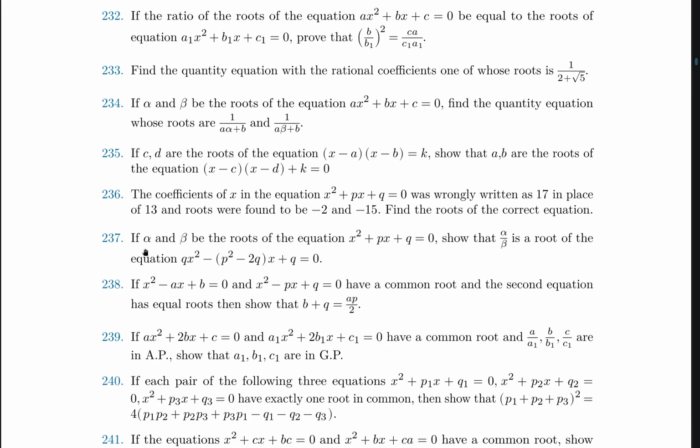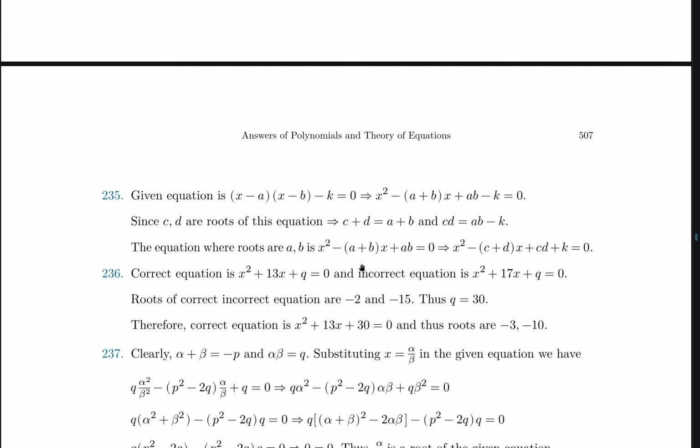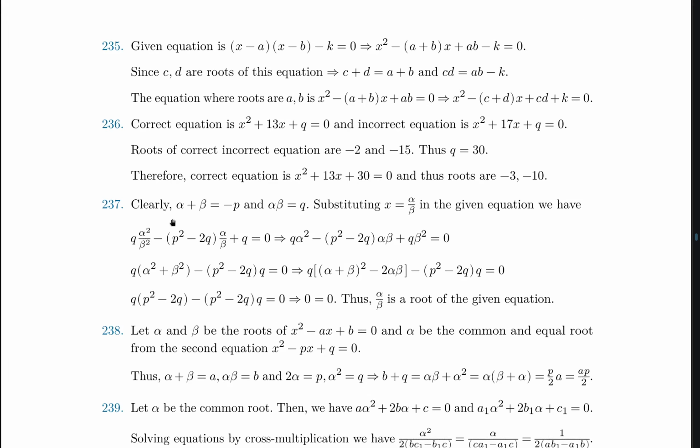Question 237 says that if alpha and beta are the roots of the equation x² + px + q = 0, show that α/β is a root of the equation qx² - (p² - 2q)x + q = 0. So we have the sum of the roots α + β = -p and αβ = q.